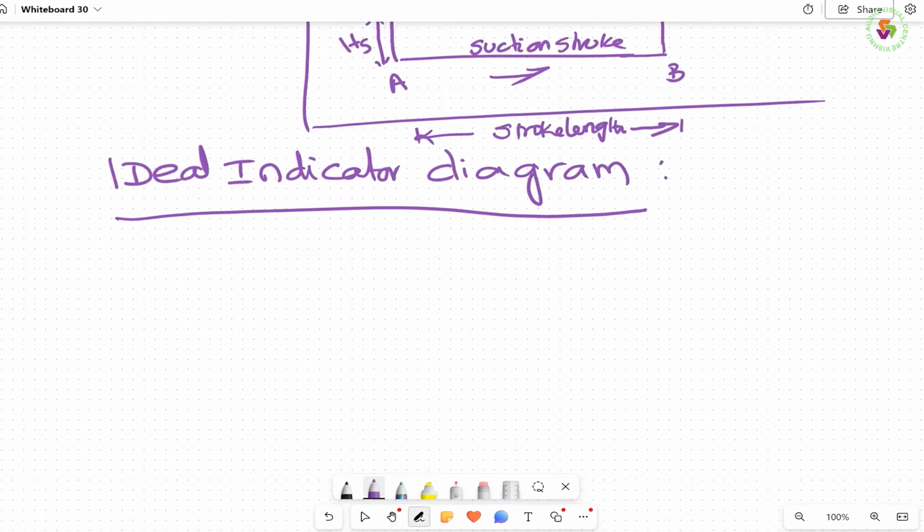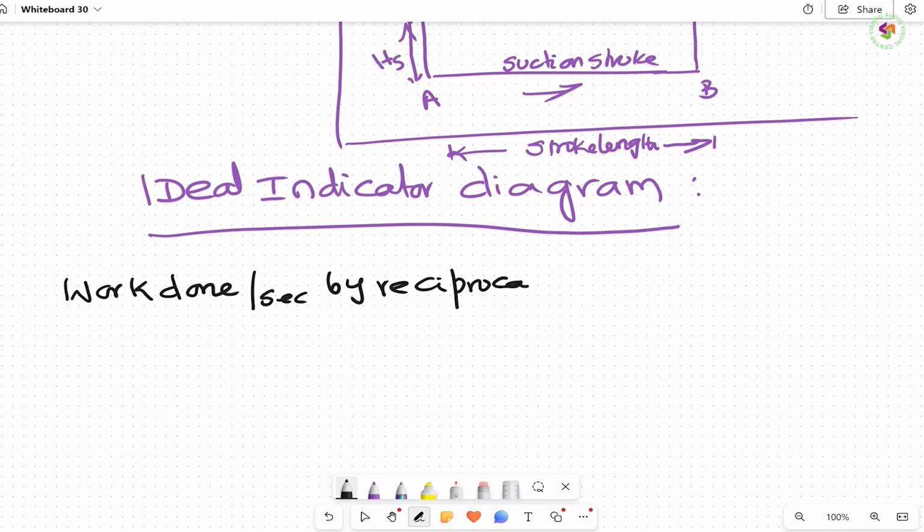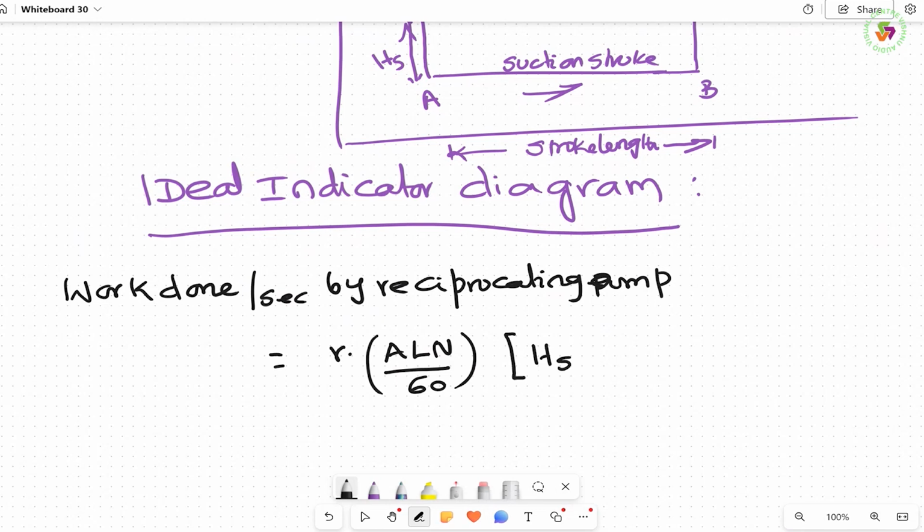But why have we drawn this? If you are able to draw the indicator diagram, what is the use for you? Recollect once again the equation for work done per second by a reciprocating pump. It is equal to gamma into ALN by 60, which is nothing but the discharge, into HS plus HD.